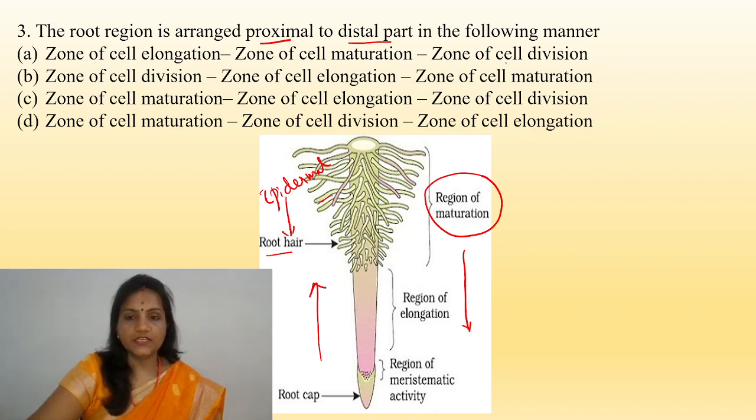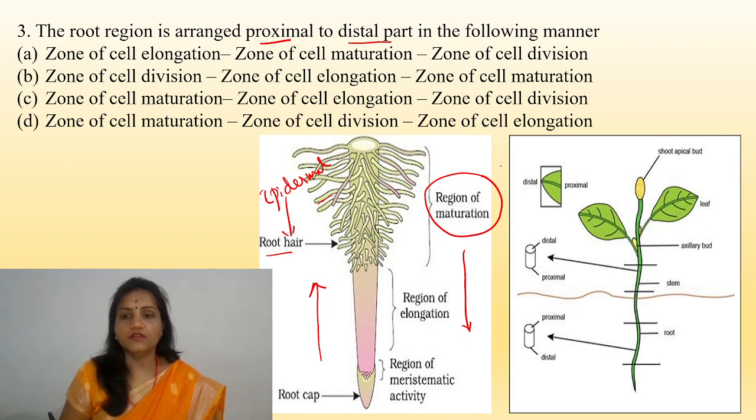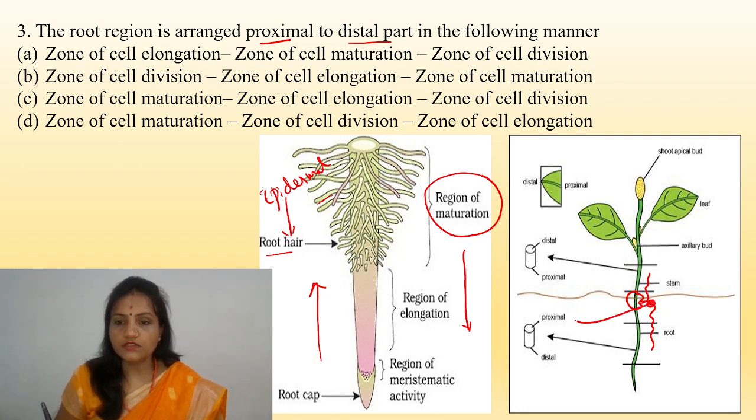Let's understand the proximal end and the distal end. Here it is a seed. Initially we will have a seed. The plumule gives rise to the shoot system, and the radicle gives rise to the root system. This part is called the proximal end, and the one away from where it was born is called the distal end.